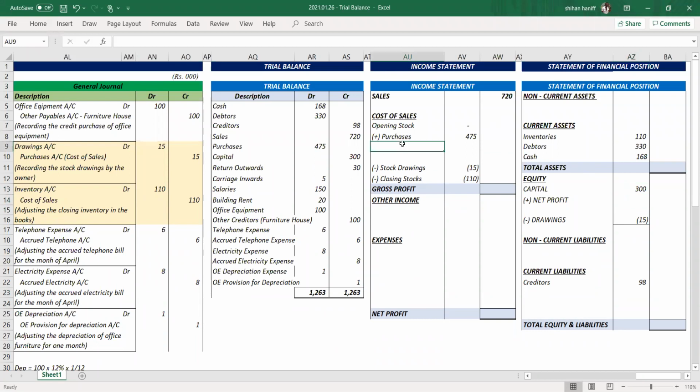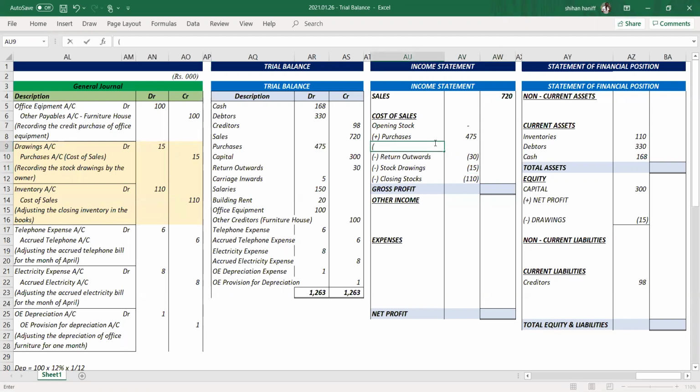Return outwards, that is deducted from the purchases. Return outwards 30.